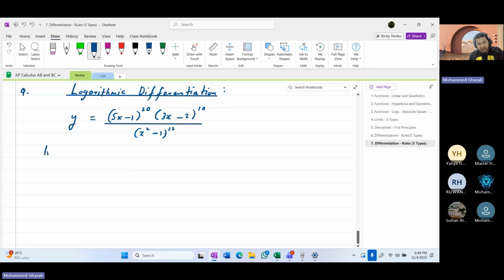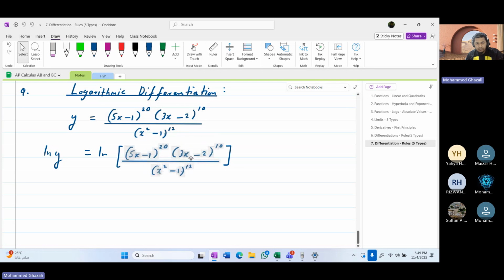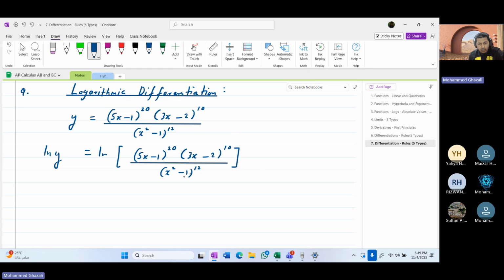So we say ln y is equal to ln of this entire thing. Now you need to use your rules for expanding ln. Let's copy this. So I take ln of both sides. Now watch what happens. If you remember from pre-calculus, the ln of a product becomes a sum and the ln of a division becomes a minus.